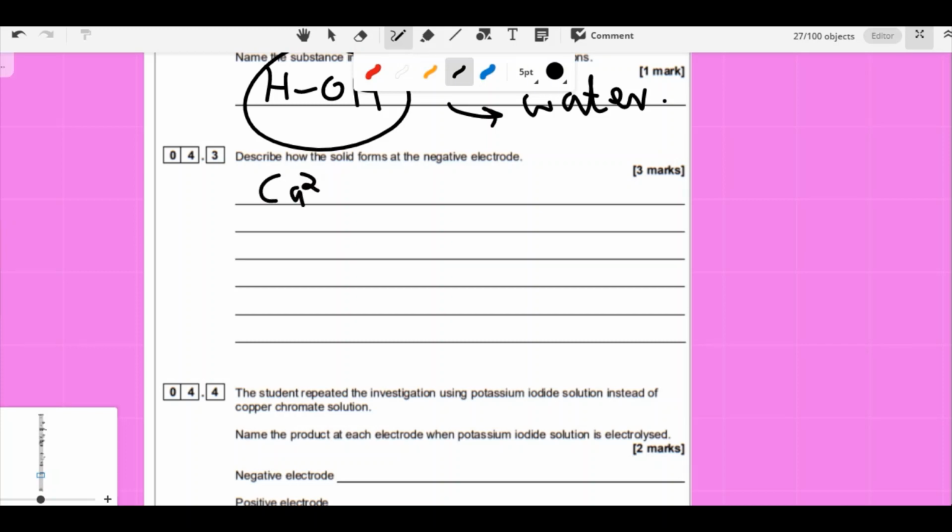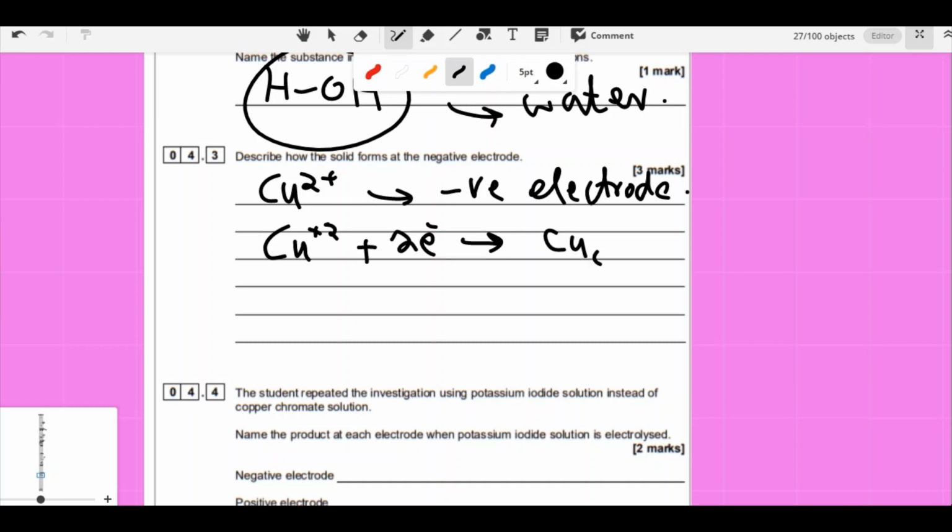So you can say that the copper ion, Cu2+, will move towards the negative electrode, and at the negative electrode the copper ion will take 2 electrons to form copper solid. So the copper ions gain 2 electrons to form copper atoms, or copper solid.